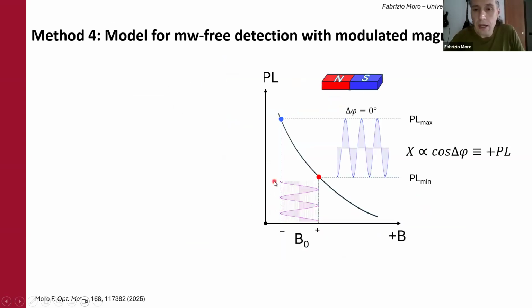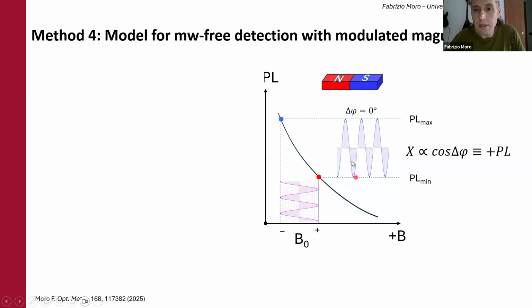So the mechanism underlying this phenomenon can be explained by looking at the decrease of photoluminescence in the presence of an applied magnetic field. In this case, the oscillating field modulation amplitude is modulating the PL signal from a high value to a low value.